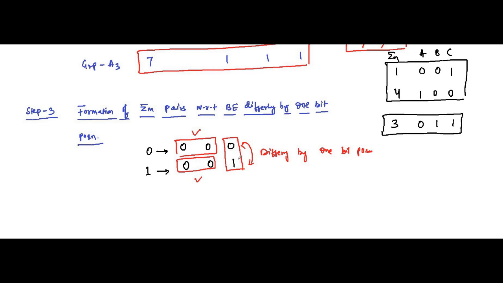Okay, this is called differing by 1 bit position. Let us say we have another example: 0 0 0 and 0 1 1. This is for 0, this is for 3.